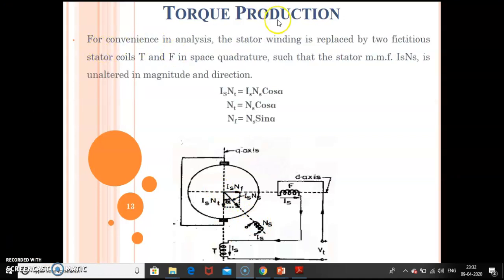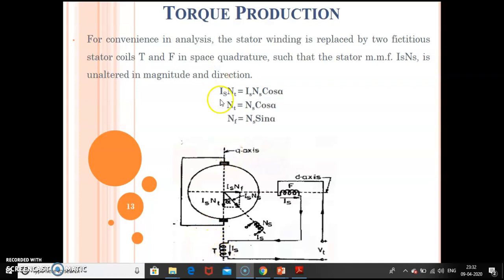For convenience in the analysis, the stator field is replaced by two fictitious stator coils T and F. The T is vertical, whereas F is placed in a horizontal position. These two fictitious stator fields are in quadrature with each other, such that the stator mmf, which is Is Ns, remains unaltered in magnitude.